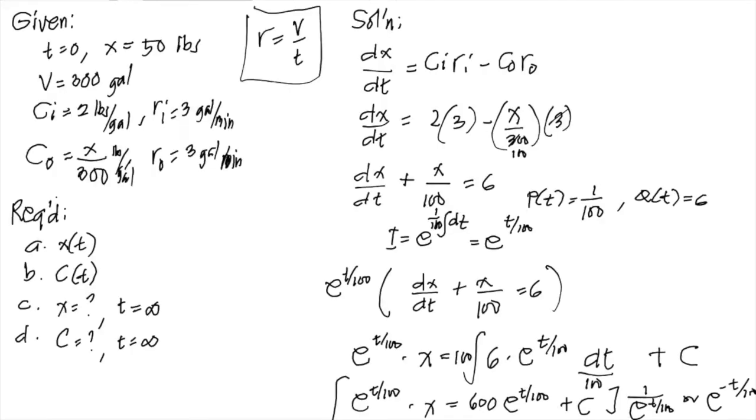So this will become x equals 600. Yan, balikan natin. Cancel na rin to. Plus c e raised to negative t over 100. This is the general solution.